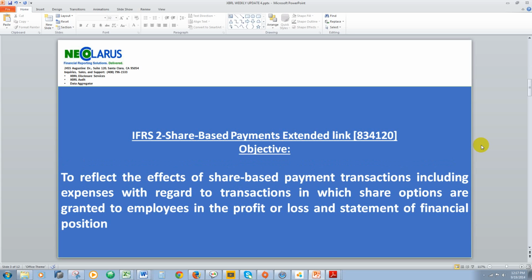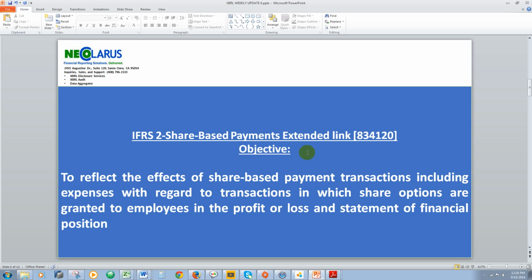So in this part I'm going to cover IFRS 2, that is share-based payments, and we see that the reference to this standard is found in the extended link of the IFRS taxonomy, that is 834120.